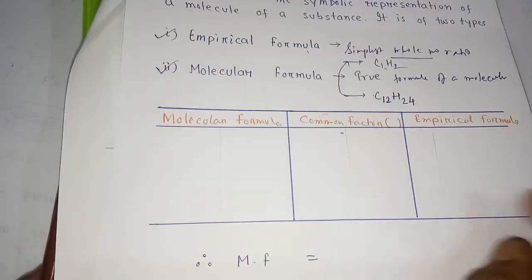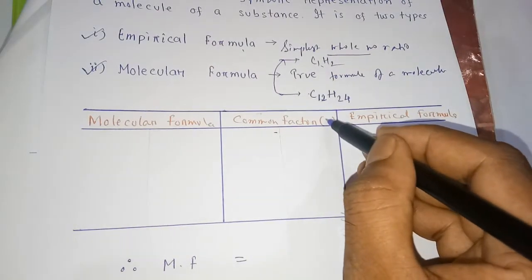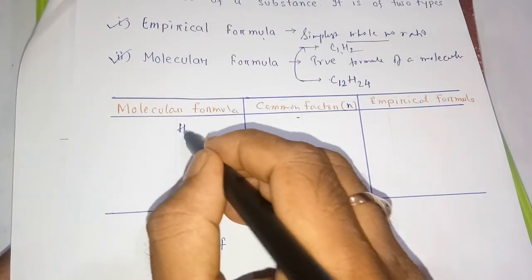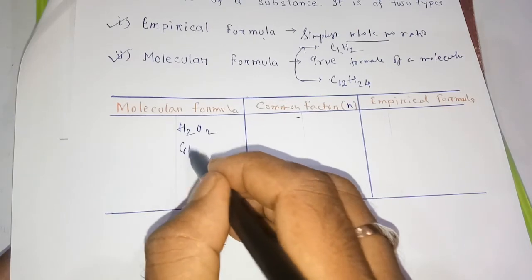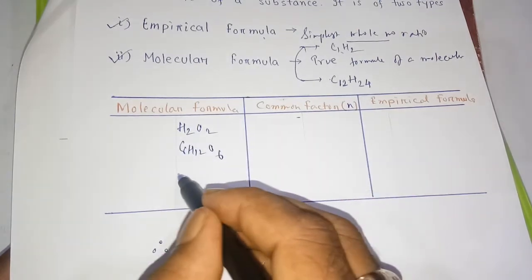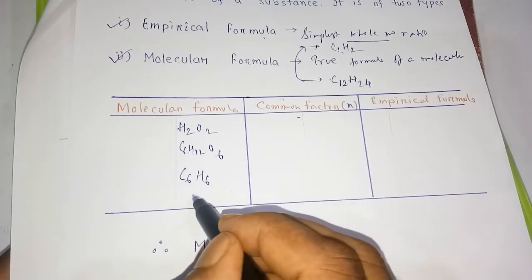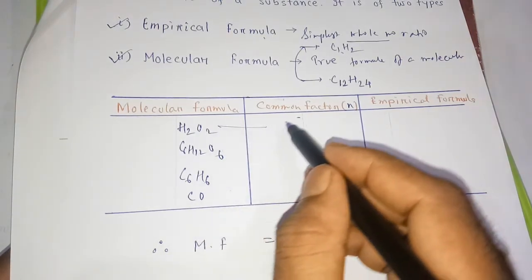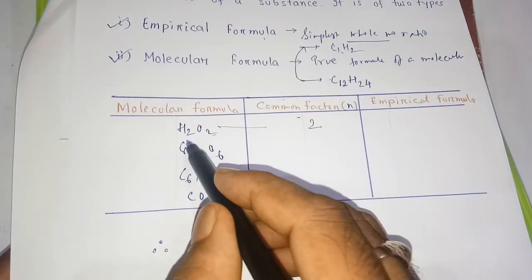Now I am writing the molecular formula, then the common factor n, then the empirical formula. The molecular formulae are H2O2, C6H12O6, C6H6, and C2H2. For the first one, the common factor is 2, because both are divisible by 2.